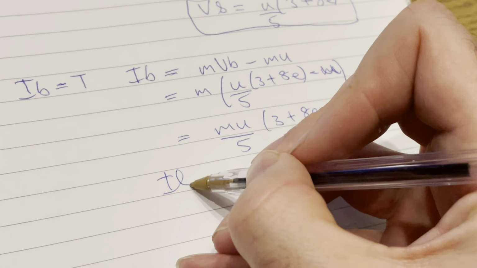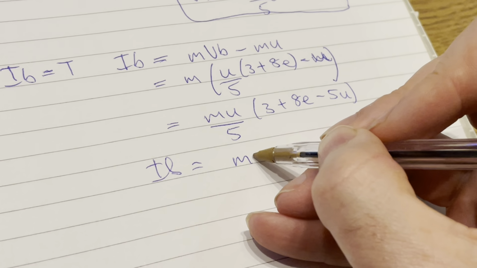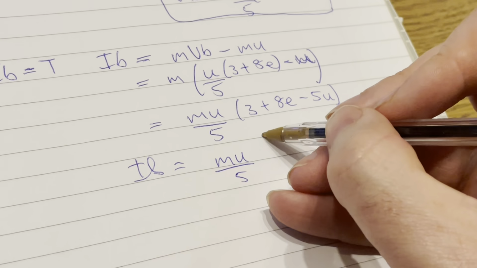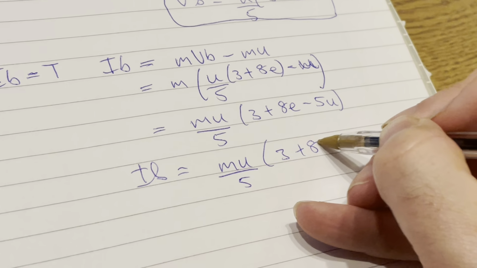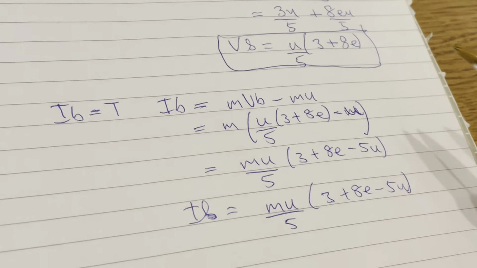So IB equals mu over 5 times (3 plus 8e minus 5). Okay, so that's the change in velocity.